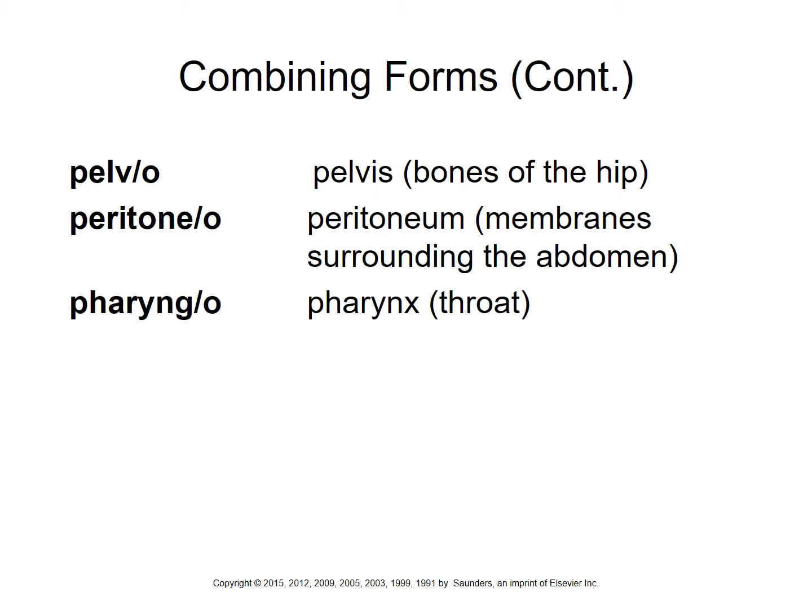Pelvo is pelvis, which is the bones of the hip. Peritoneo. Peritoneo refers to the peritoneum, which is a membrane that surrounds the abdomen. I'm referring you to page 52, where you can see a cross section through the body. They've drawn the diagram there for you. And you can see that you've got a covering to all of these different organs in the body.